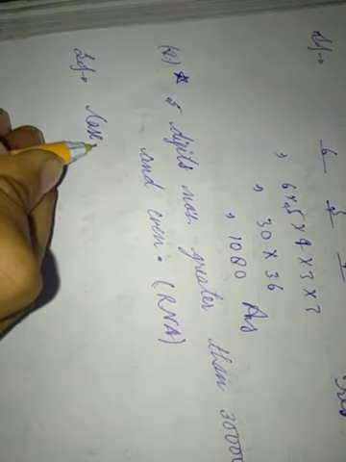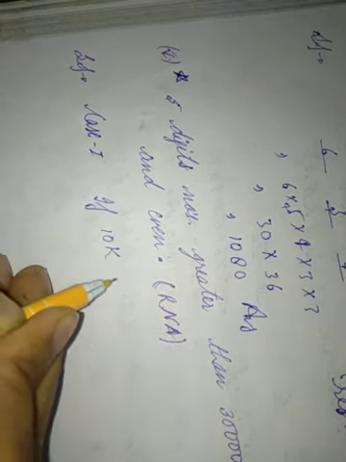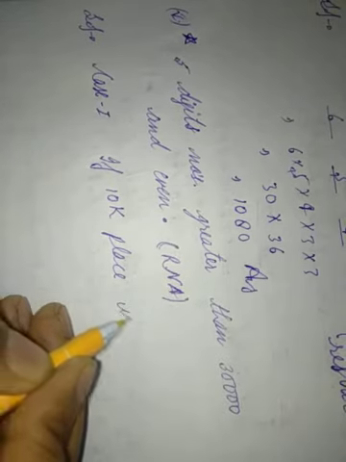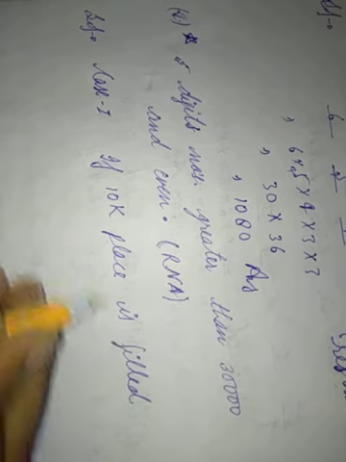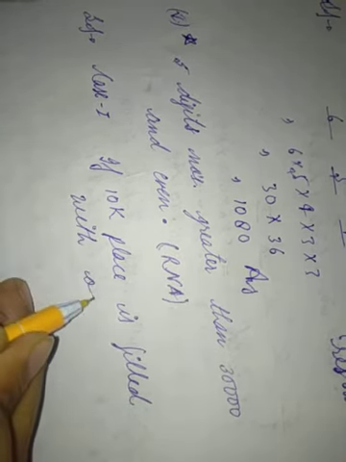Case 1: if the 10k place is filled with an odd number.